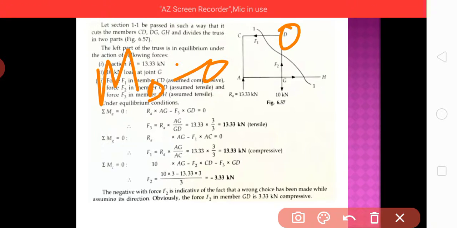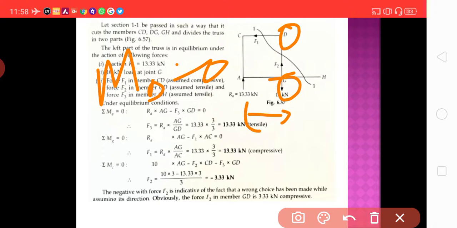Now again summation MG equal to 0, that is taking moment about G. RA into AG equal to F1 into AC. When we are taking moment, RA into this distance, that is AG, and F1 into this distance, that is DG.